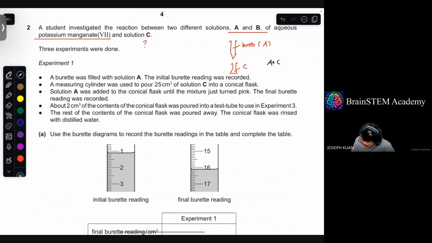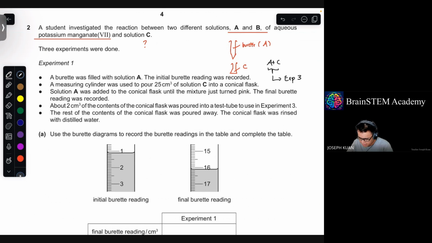So essentially, you take some of the reacted mixture and put it for experiment 3. We are not sure what's experiment 3, but we'll see that later. The rest of the contents of the conical flask was poured away. The conical flask was rinsed with distilled water.